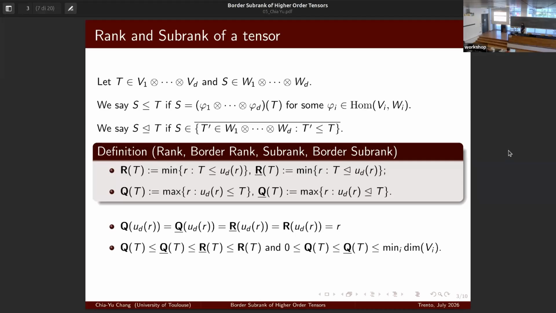For rank and border rank, only for concise tensors is there a lower bound related to the dimension of V_i. But for subrank, for all tensors the border subrank and subrank lie between 0 and the minimum of the dimensions of those vector spaces.